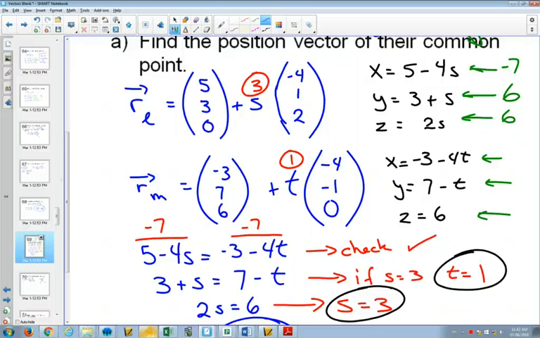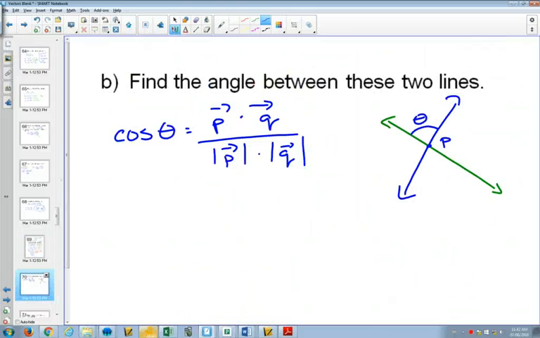Okay? So which 2 vectors are we going to use? Because we've got our line, let's say this is line L and this is line M. I'm not sure if that matches with the letters that we used or not. And I need to find this angle between L and M. How do I do that?